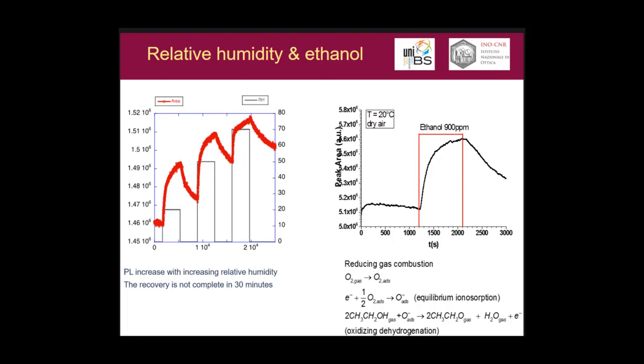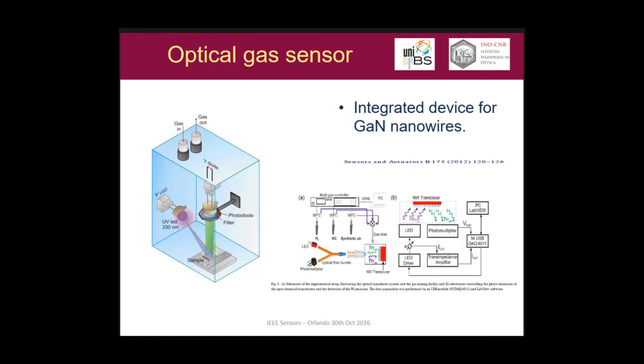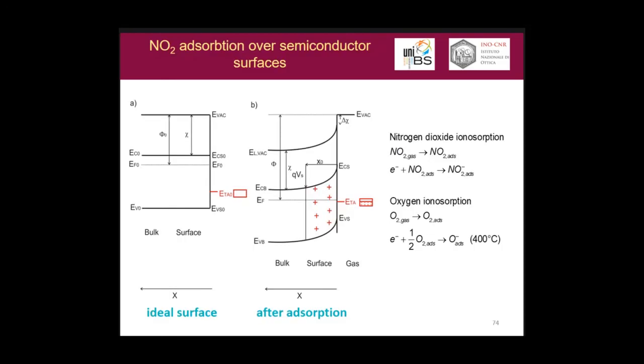This is ethanol. And we can think of having this as a portable device, so we can use a UV LED to excite photoluminescence, and a photodiode and a filter to detect the signals. So we can prepare a portable device.